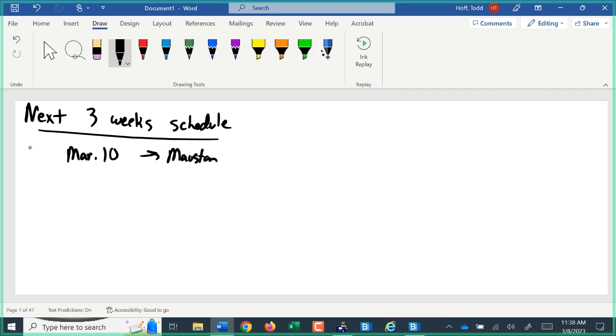And then on Monday, which is March 13th, we have both Clayton and Flambeau. They're scheduled to be out of session. Clayton, I know your schedule has changed around, so I'm not sure if that's still a day off for you or not on Monday.